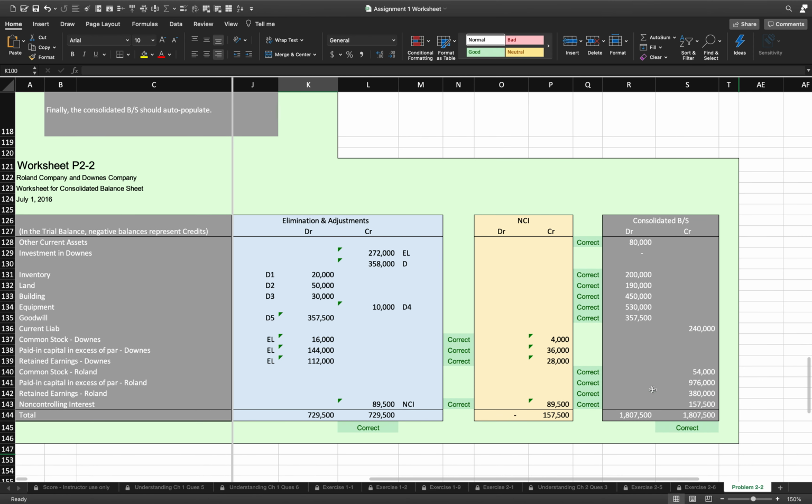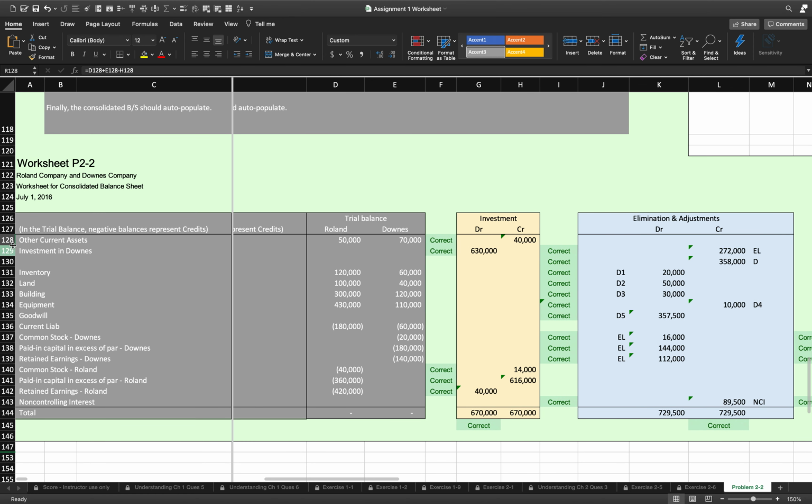The remainder of this was already kind of done for you, I believe, just because I put in the formulas. But all we're really doing here in this last section, right, is just adding everything across the board.